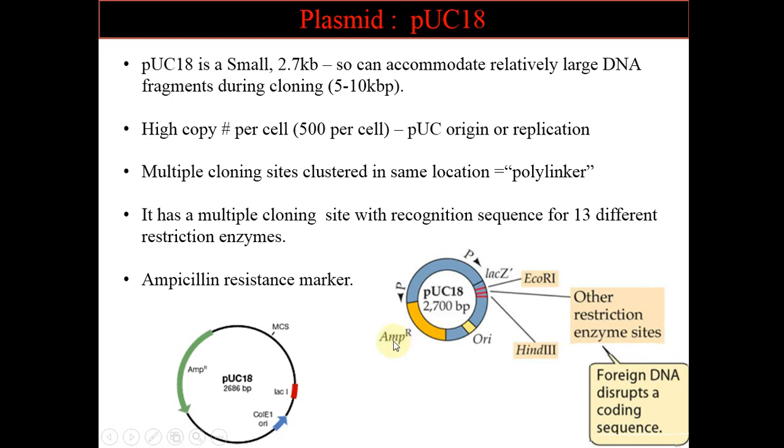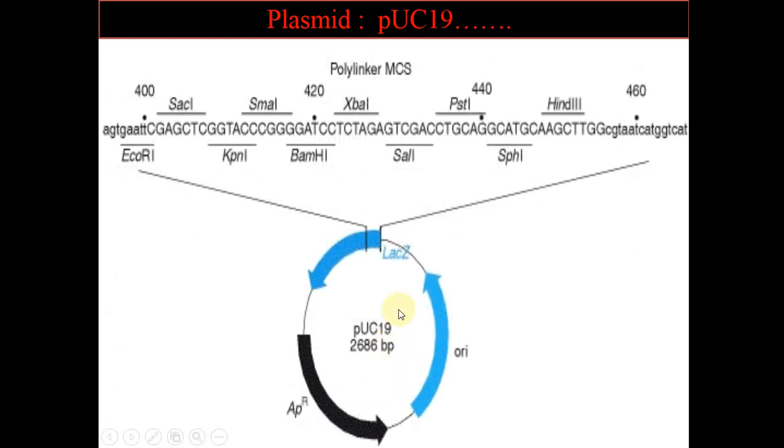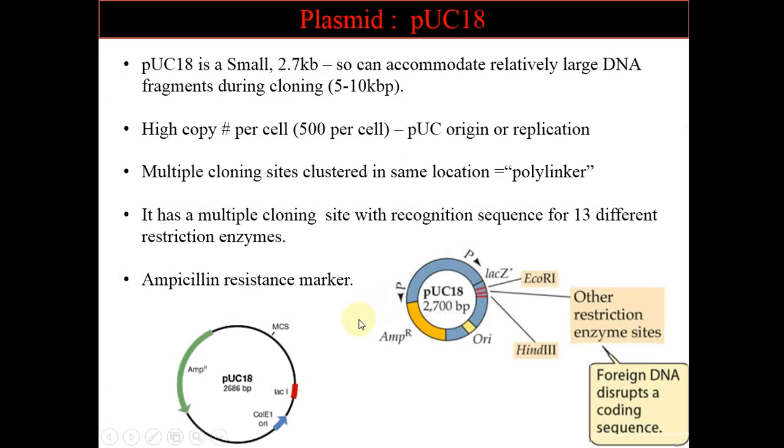Now the only difference between pUC19 and 18 is in the selectable marker. Here the lacZ alpha gene is present as selectable marker on pUC19, and on pUC18 the ampicillin resistance gene is present along with the lacZ alpha.